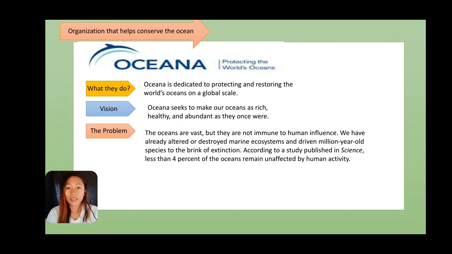It is really terrible what is happening to the fish. It's pitiful, it's as if the fish have given up. Everything that happened in the extinction of fish is all because of human influence and human activity, using whatever illegal or not good methods in catching fish, which have destroyed not just the ocean itself but also the livelihood and food source of people. According to the study in Science, less than 4% of the oceans remain unaffected by human activity.